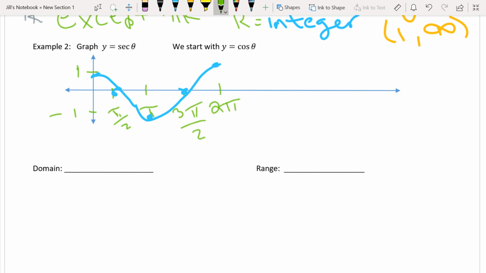Now we'll go ahead and make the second period. We'd go to 4 pi. Middle point is 3 pi. Sorry for the messy writing. I'm trying.